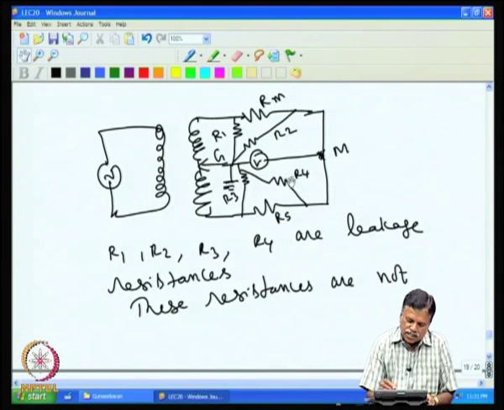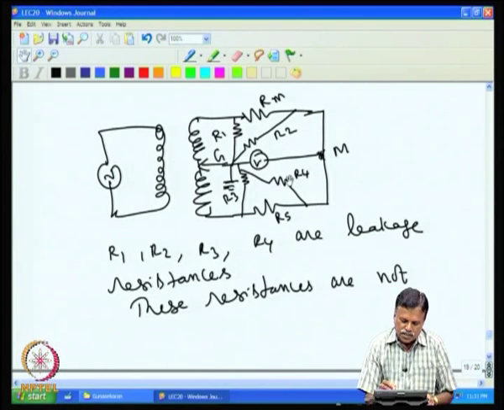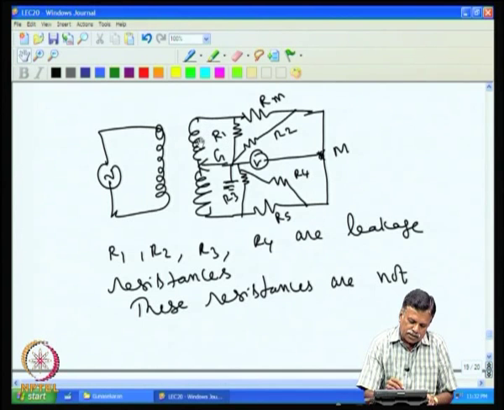That means these resistances are not contributing for bridge balance, that is, the bridge balance is not affected by these resistance values. So, the balancing point is not affected by these resistances. Now, if you look at R1 and R3, this is a transformer, and the impedance of this transformer is very low.